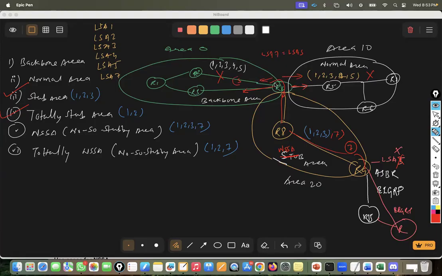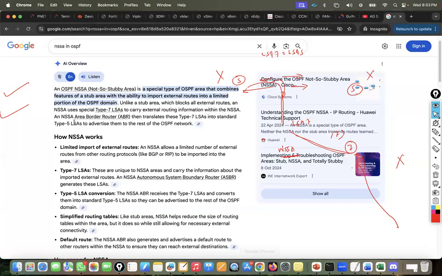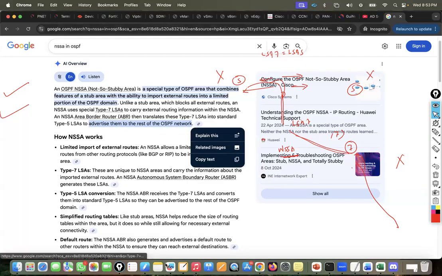So technically they will get LSA 5. But once it comes here, it's LSA 7, here LSA 7, and then it is going to the destination. This is the same thing written here: the NSSA border router translates LSA 7 into standard LSA 5 to advertise them to the rest of the OSPF network. That is a normal network.